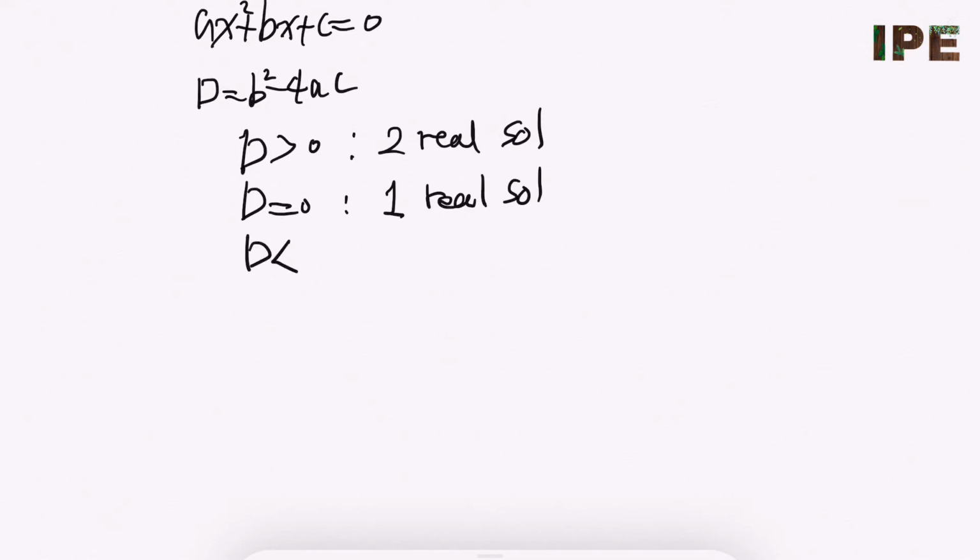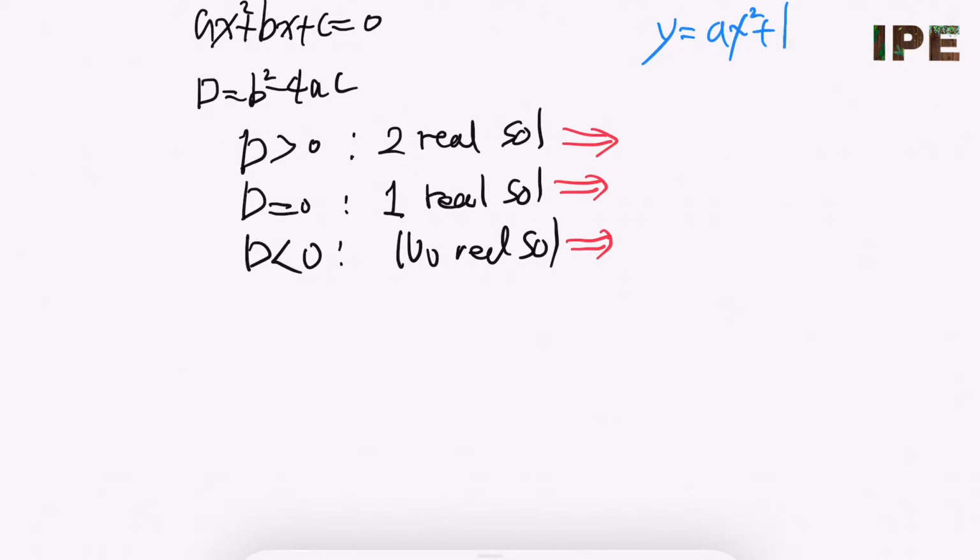If D is less than 0, no real solution. I told you solutions are zeros, and zeros are x-intercepts. Apply that to the function y equals ax squared plus bx plus c. If the discriminant is greater than 0, because this equation has two solutions, this function should have two x-intercepts, because solutions are x-intercepts.